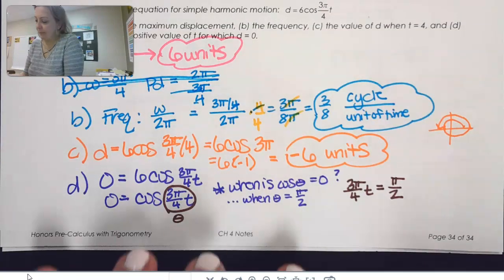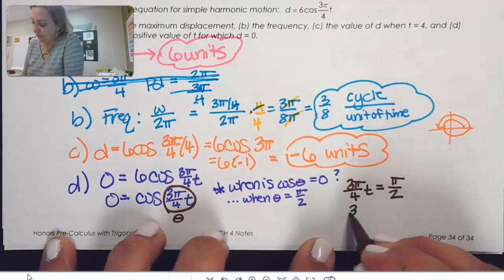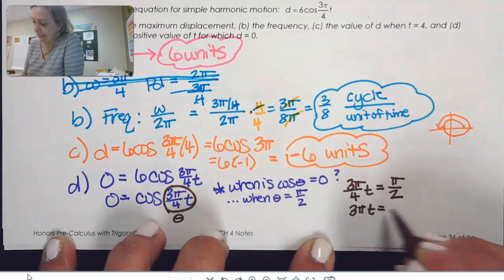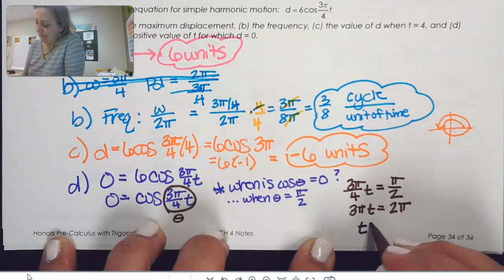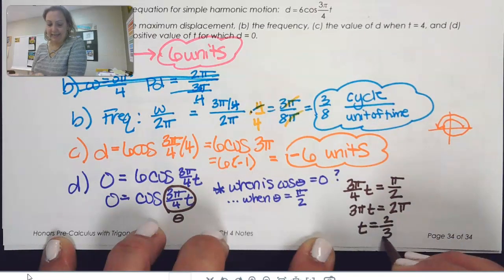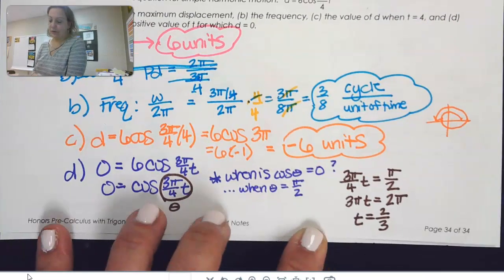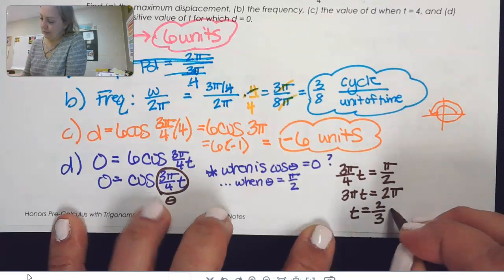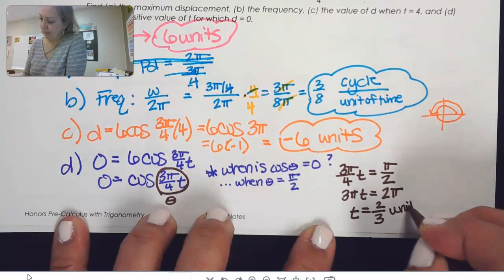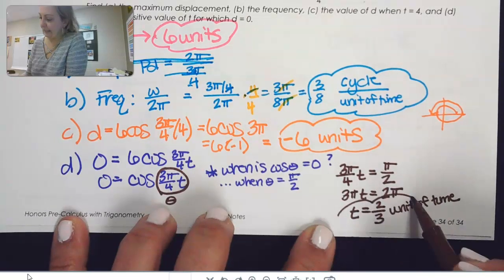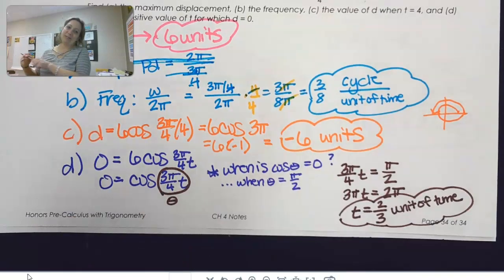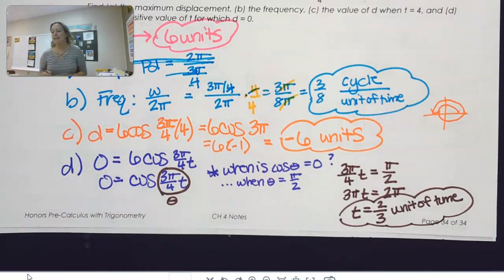So I could multiply both sides by 4. So I get 3 pi t equals 2 pi. And then divide by 3 pi, and I get that t equals 2/3. So it'll be 2/3 of a unit of time, which probably would be seconds, but I didn't give a unit, my bad. Okay, and so that's a little bit about harmonic motion.